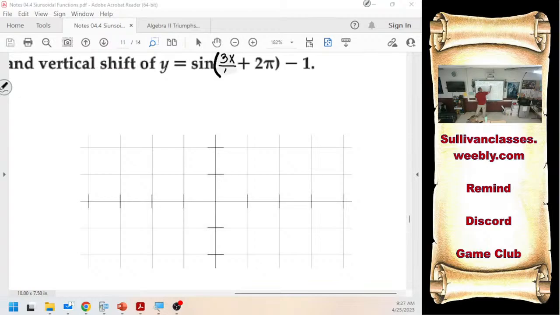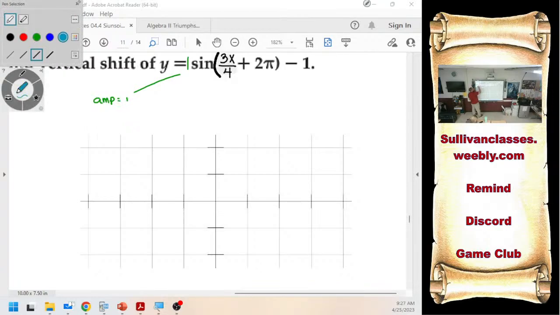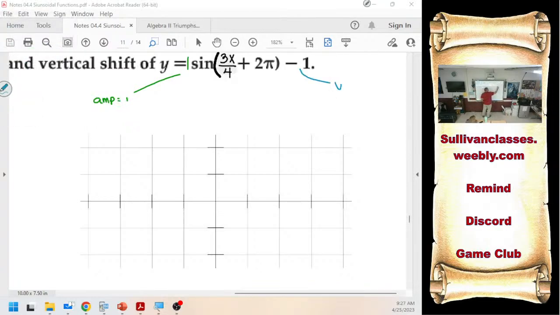What are you doing? I started. I think we need to start with amplitude. Your vertical shift.